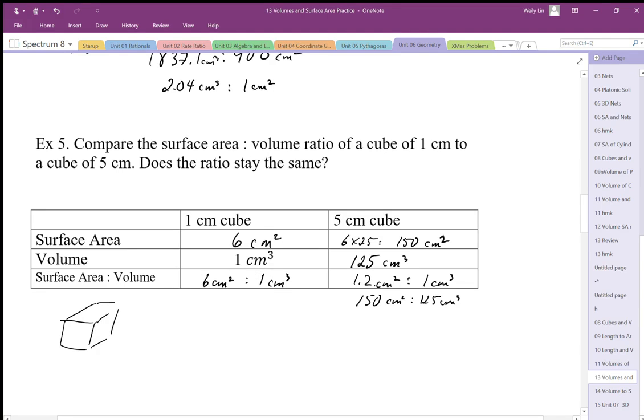Okay, so in general, do the ratios stay the same? No. Larger objects have less surface area to volume. We'll say smaller surface area to volume ratio. Okay, so when we change the size, keep the shape the same, but change the size, this will affect the surface area to volume ratio.